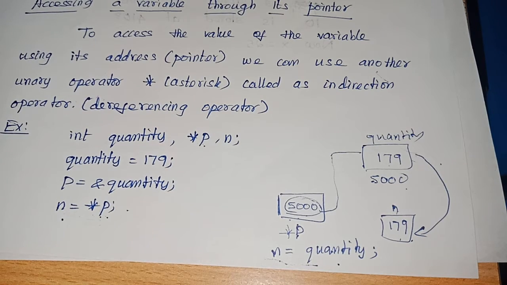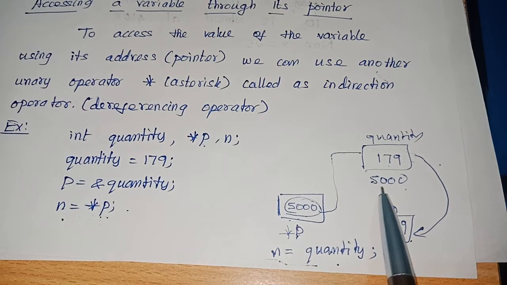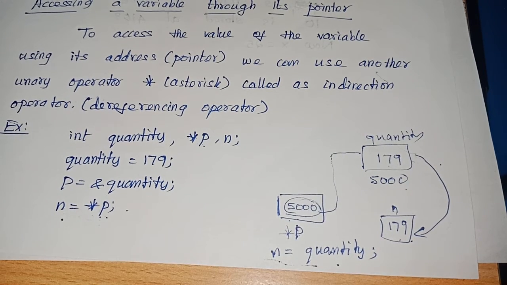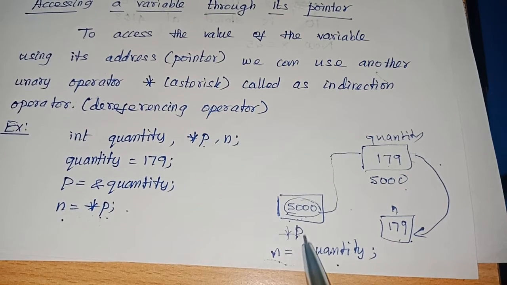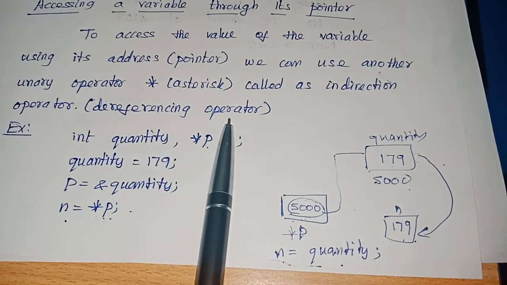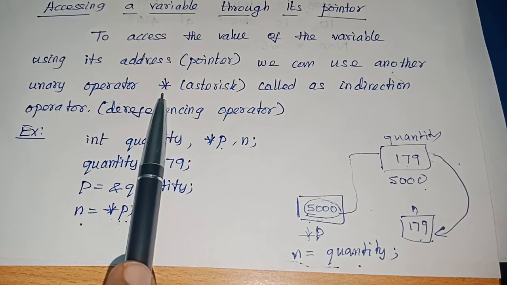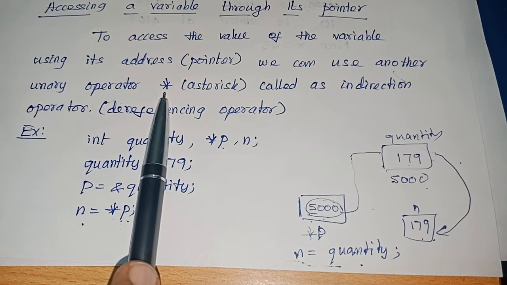But we want to copy this quantity 179 using the pointer variable, because the address of quantity is stored in p. How can we access the value of quantity by its address? That can be done by the operator called the dereferencing operator, otherwise the indirection operator, which is nothing but once again an asterisk.